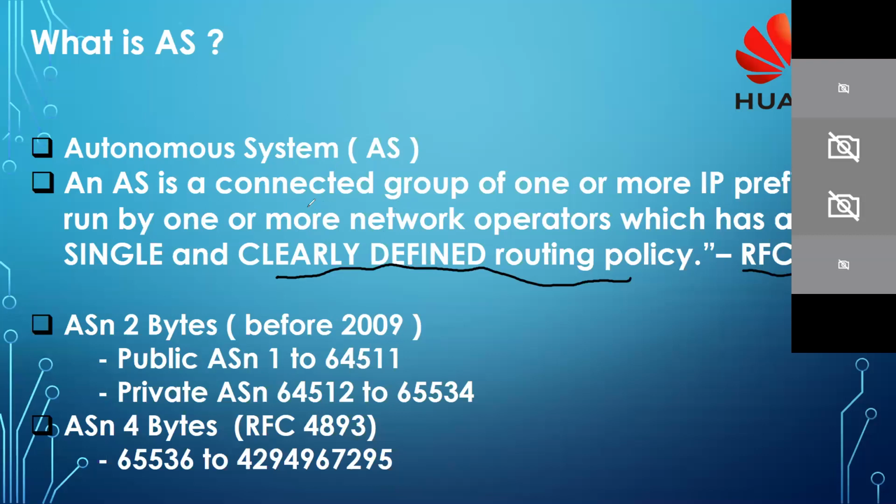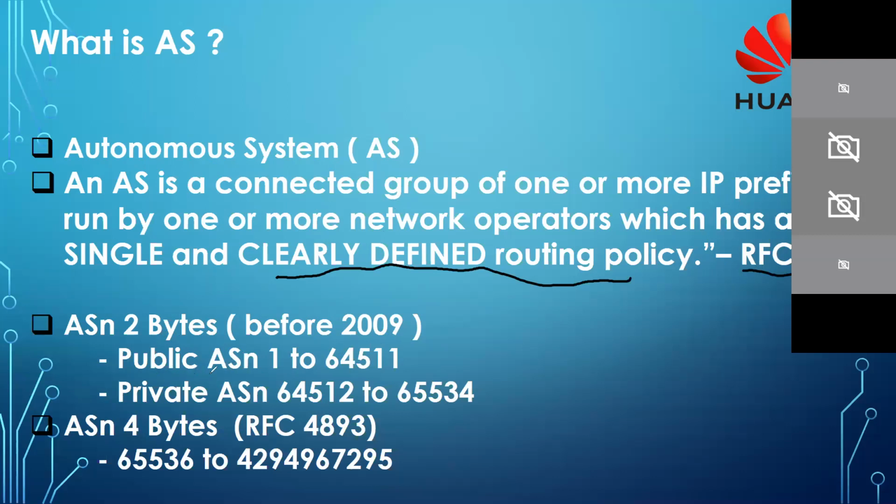All ASes have a number. Before 2009, this number was 2 bytes, so it's a value between 1 and 65,534. There are two types of AS number.